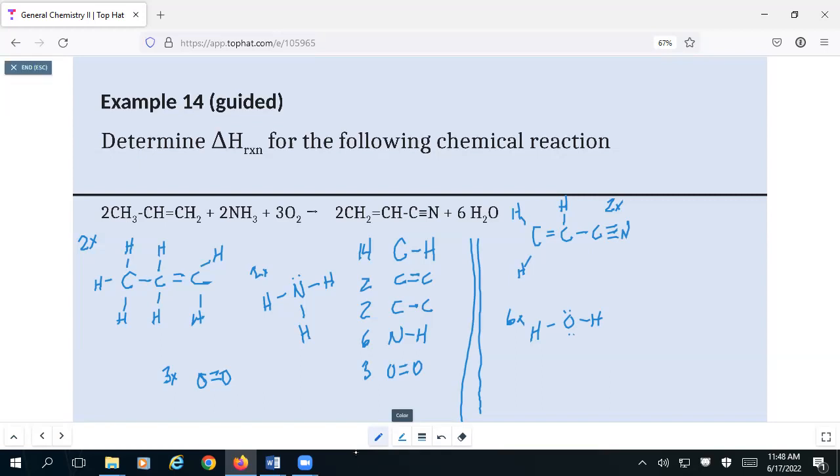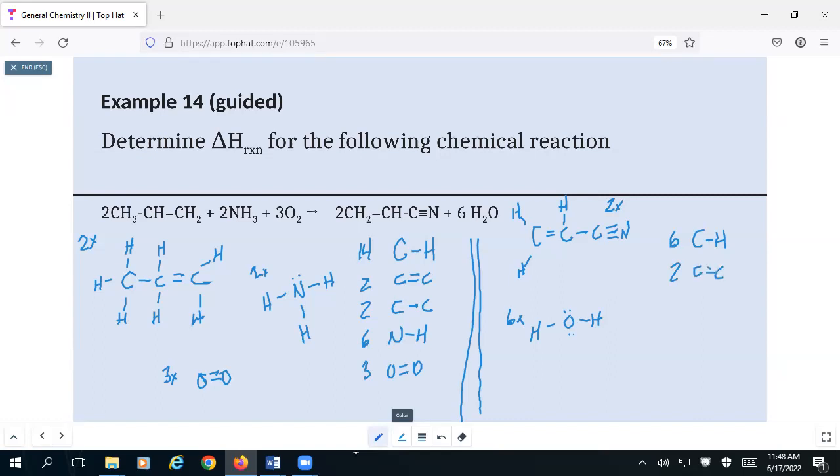On the product side, I have 1, 2, 3 carbon to hydrogen single bonds times 2, so 6 carbon to hydrogen single bonds in this molecule. I also have a carbon to carbon double bond times 2, so 2 of those in total.